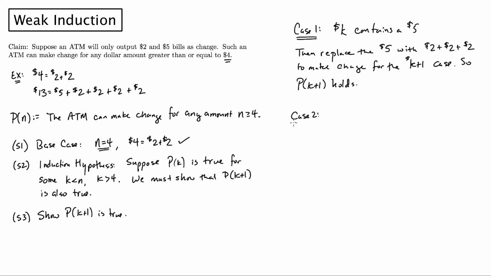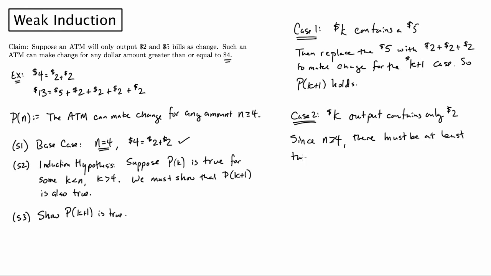Alright, the second possible case is, you guessed it, that the k dollar previous does not contain a 5. In other words, the k dollar output contains only $2 bills. So if it contains only $2 bills, then since n is greater than or equal to 4, there must be at least two $2 bills.